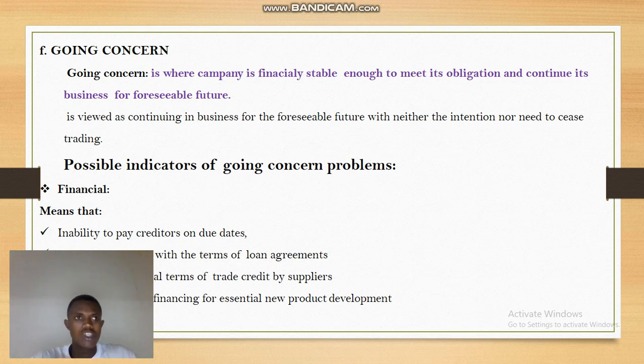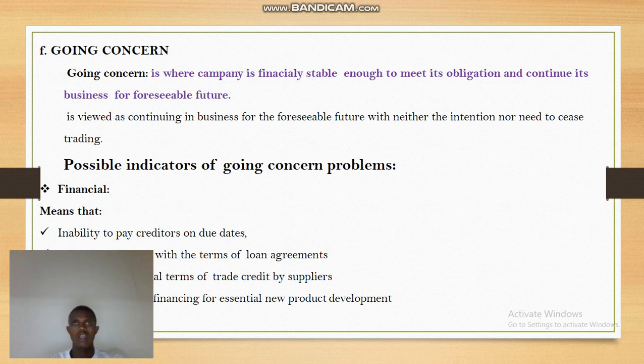Going concern means the company is financially stable enough to meet its obligations and continue its business in the future. When a business is financially stable and able to work for the long term, you can say this business is a going concern.